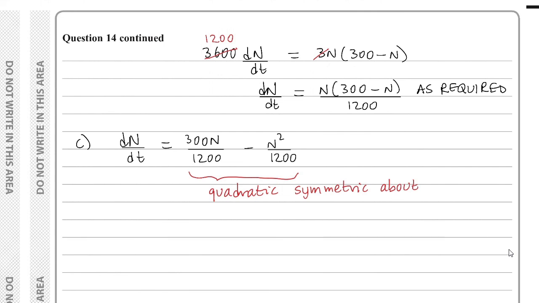So if you have a quadratic ax squared plus bx plus c, then it's symmetric at x is minus b over 2a.